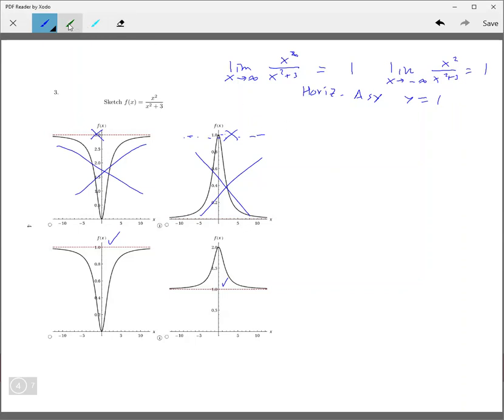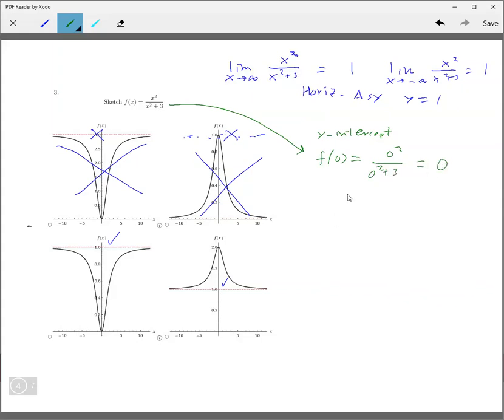Now the next thing would be intercepts. Those seem to be easy to do. So if we're going to go with the y-intercept, it's just f of 0, which is 0 squared over 0 squared plus 3.